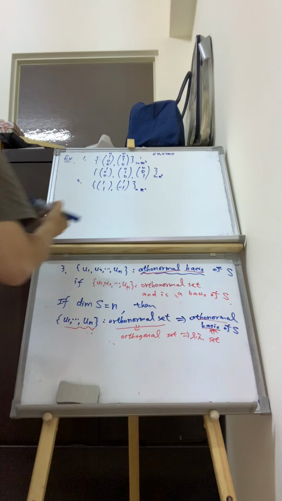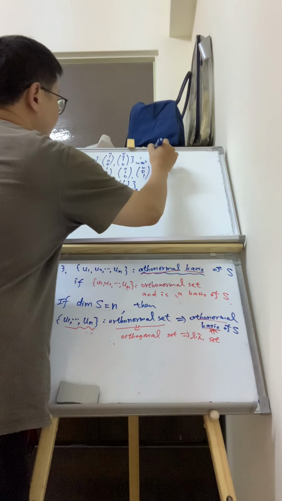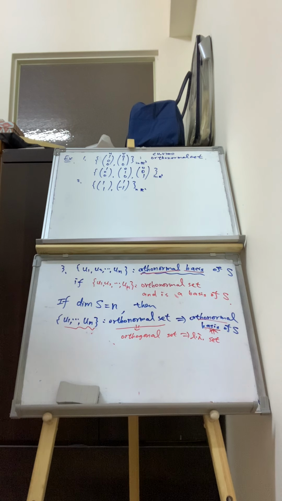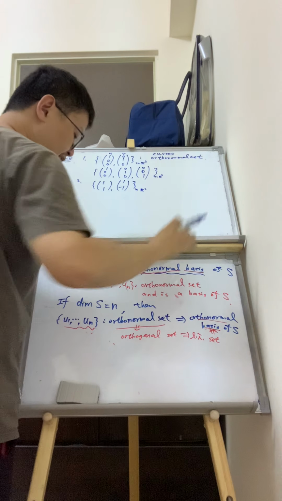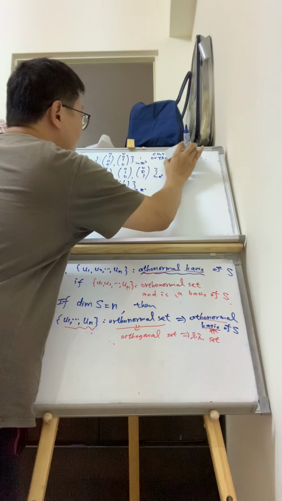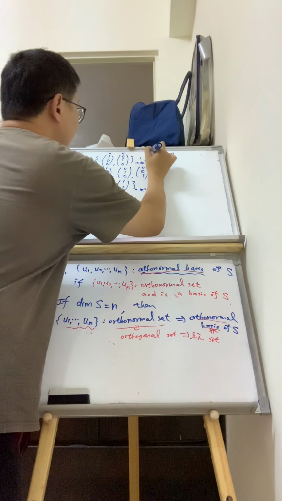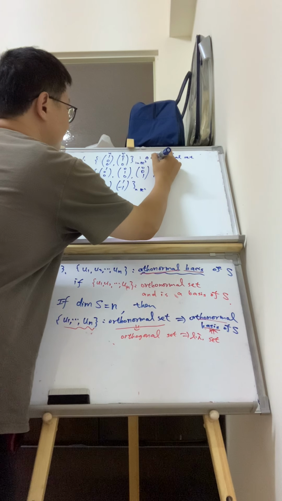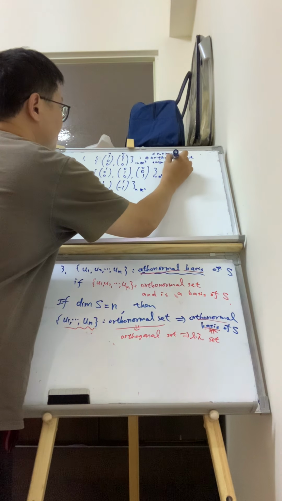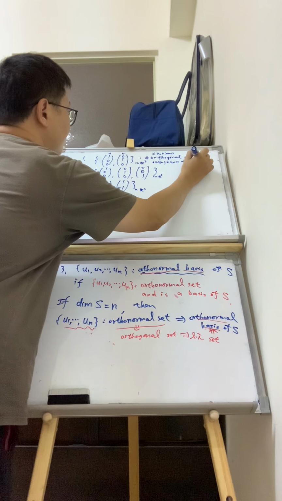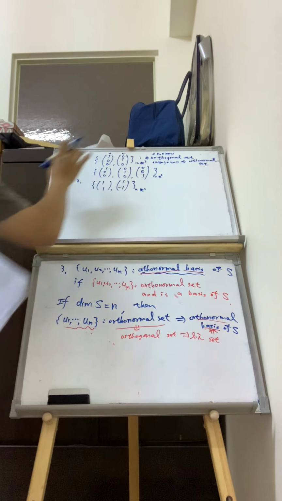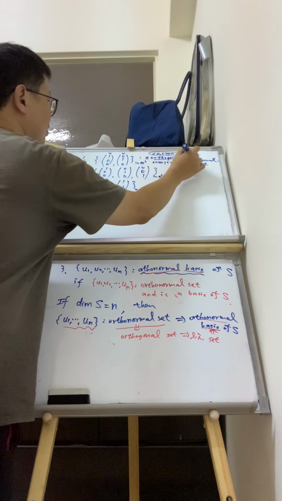That means it's orthogonal. Just from the inner product equaling 0, you only know it's an orthogonal set.